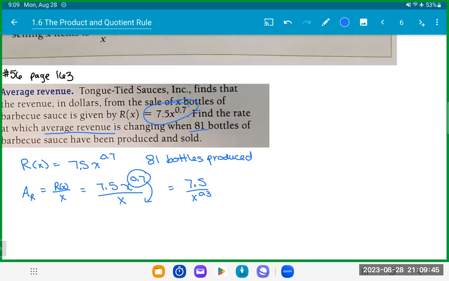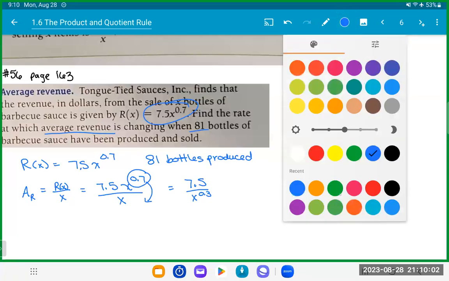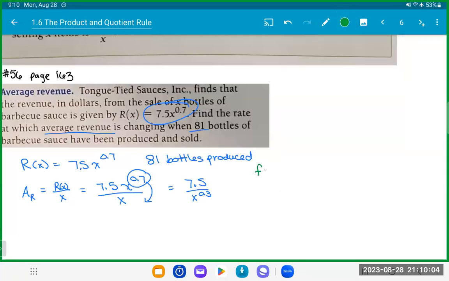We'll do it this way so that we can practice the quotient rule a little more. If we had moved it up into the numerator, we would have got the same answer, but it probably would have been a little less complicated. But I am going to do it with the quotient rule just so we get a little bit more practice with that. So my f function is the 7.5.